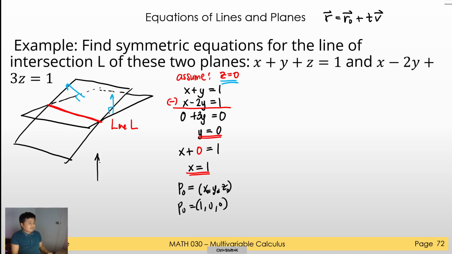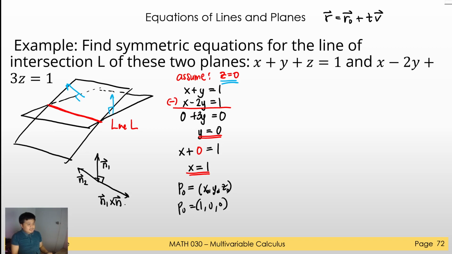And if you could imagine, let's say this is your orthogonal vector. Let's say this is n1, and then let's say this is n2. Then an orthogonal vector of these two vectors will be their cross product.